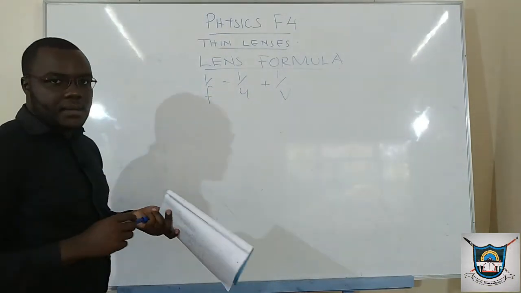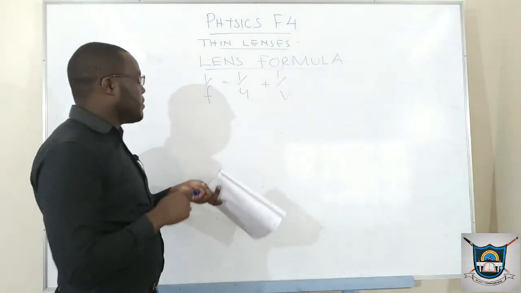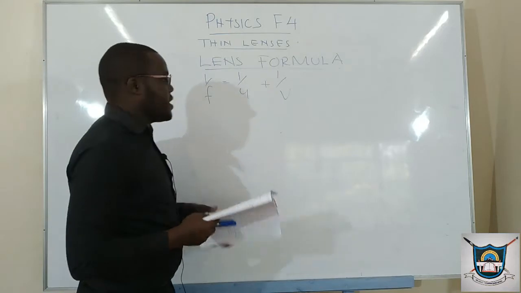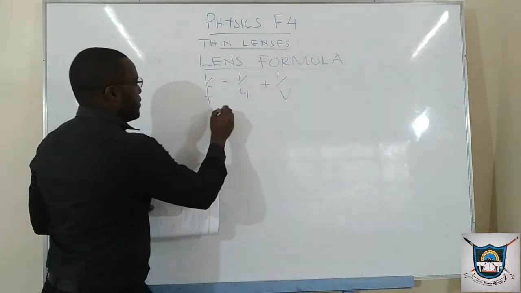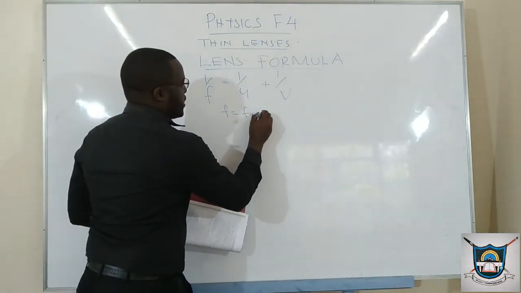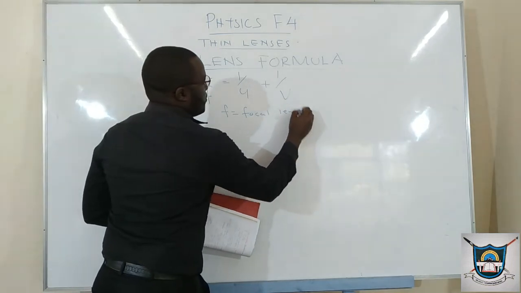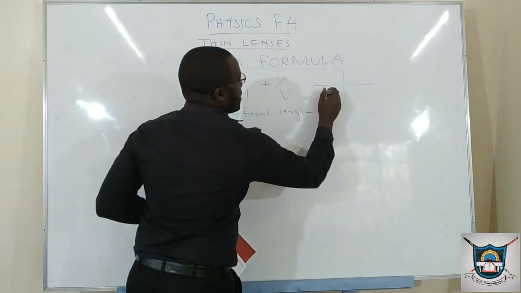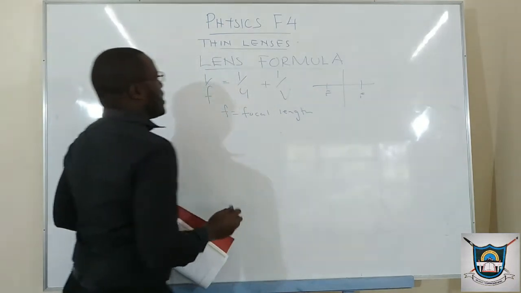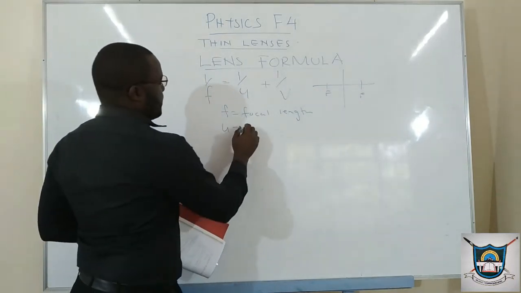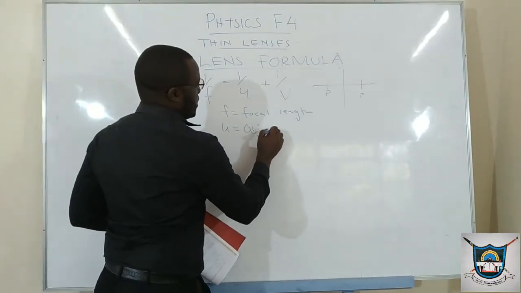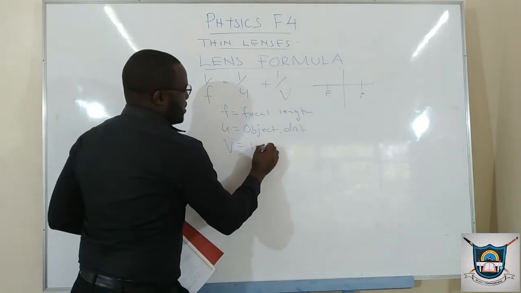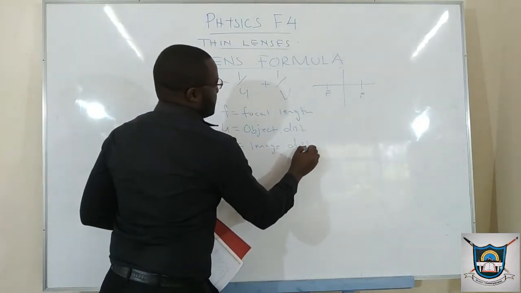It is very much similar to Form 2's mirror formula, but the only difference is that now we are talking of lenses, not mirrors, where f is the focal length, which we remember for lenses there are two. A lens can have a focal length on either side. U is the object distance and V is the image distance.